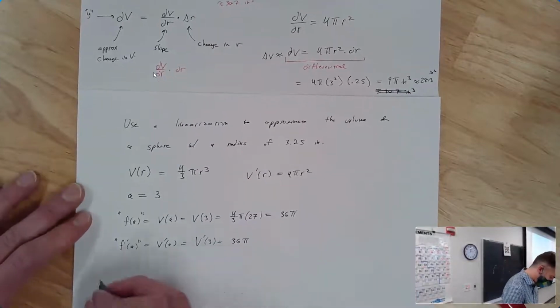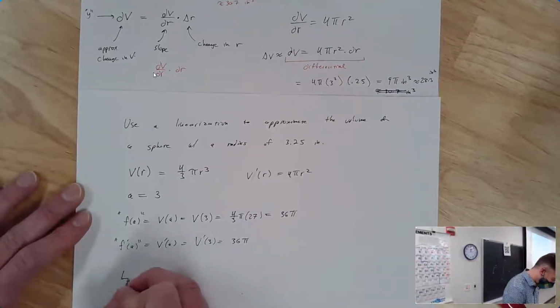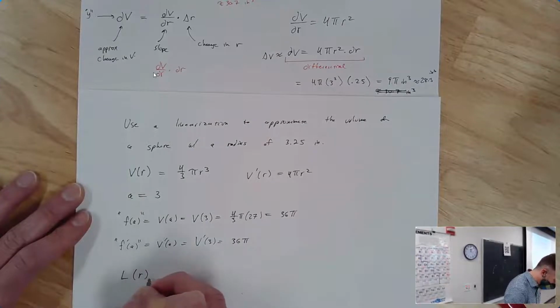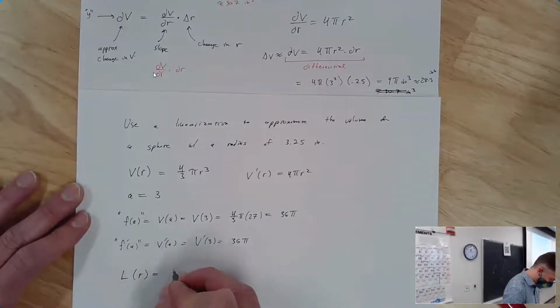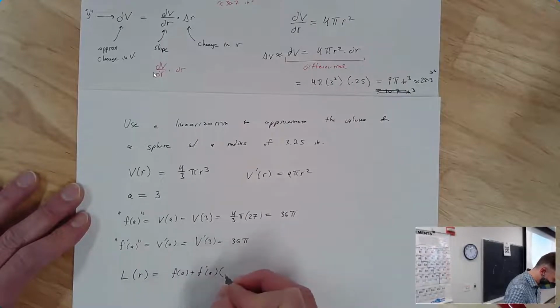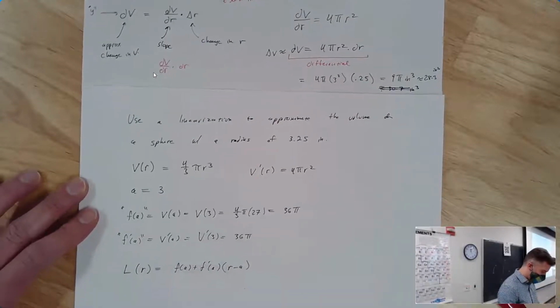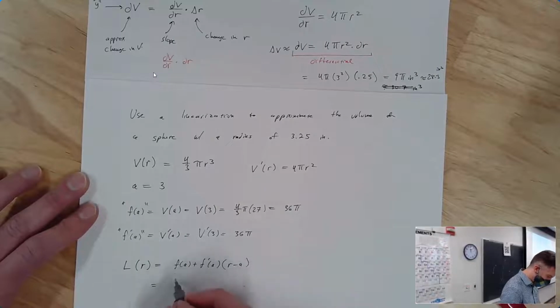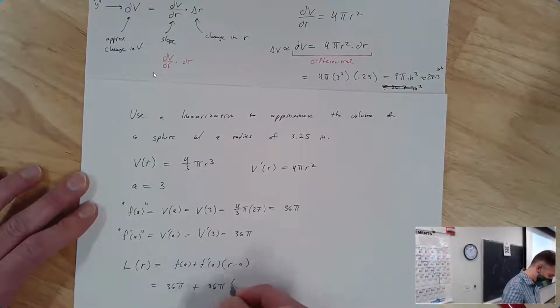So now we're going to write our linearization. L of r is going to be f of a plus f prime of a times r minus a. Here's f of a, it's 36 pi. Here's f prime of a, which happens to be the same, times r minus my a value, which is 3.